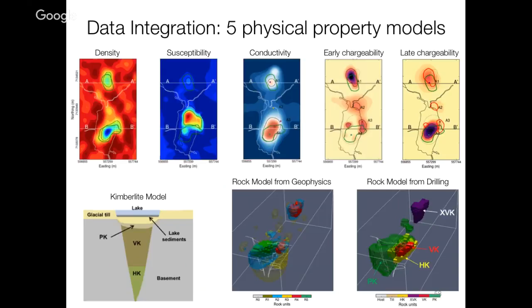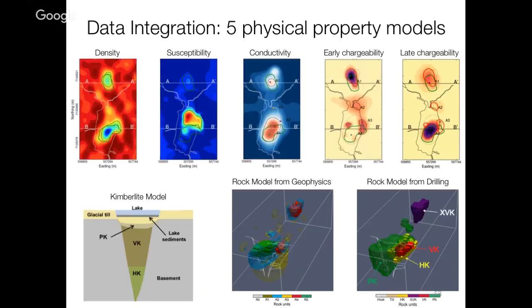We don't know what names to ascribe them, but those are geophysical rocks. If you put a drill hole through these, then you'd be able to recognize, ideally, that, okay, the green corresponds to a VK unit, and this corresponds to some other unit or whatever. In fact, there have been a lot of drill holes that were done.